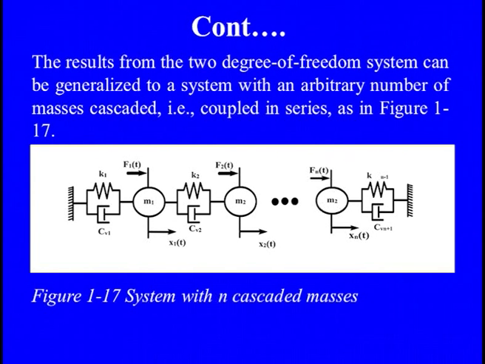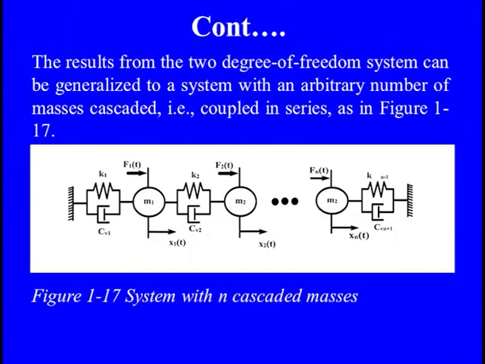For M1 we have K1 and C1 on the left hand side, and on the right hand side we have K2 and C2. So the movement of M1 is straightaway deviated from this path, and similarly mass M2 is affected by these constraints, C2 and K2 on the left hand side, C3 and K3 on the other side.